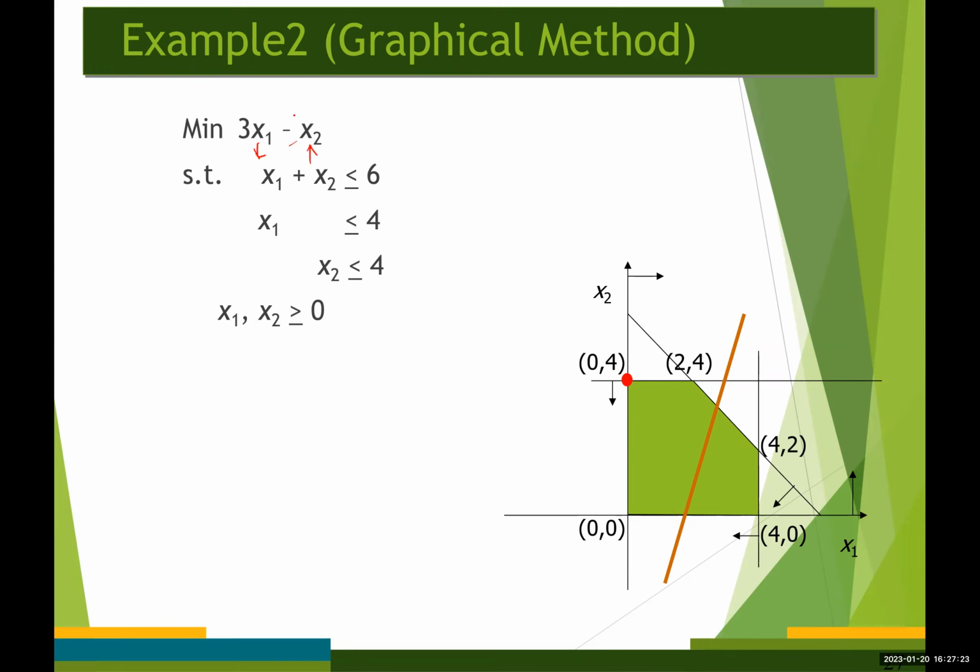Because it has negative sign here. And we want to minimize this value, right? So you have to move ISO value line in this direction. And then the last ISO value line touching the feasible region should be this one. That's why we have optimal point occurs right here. Okay.